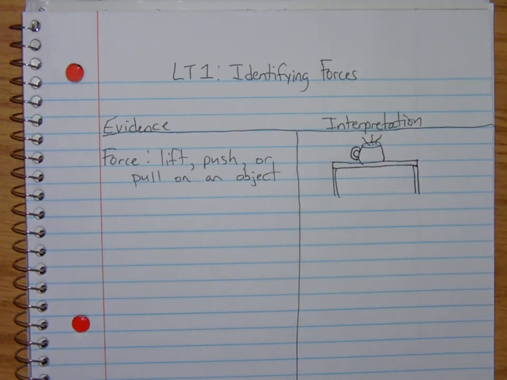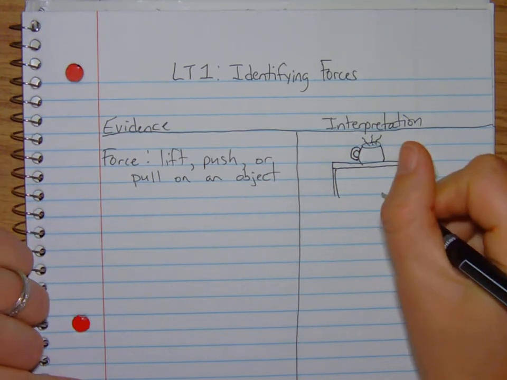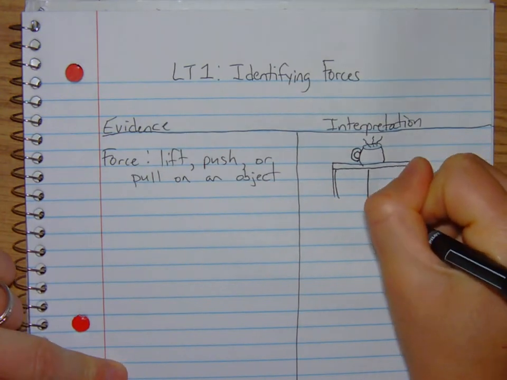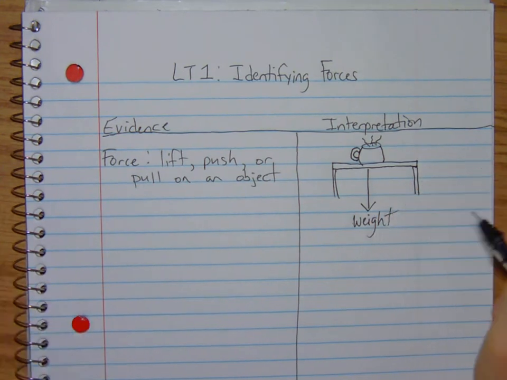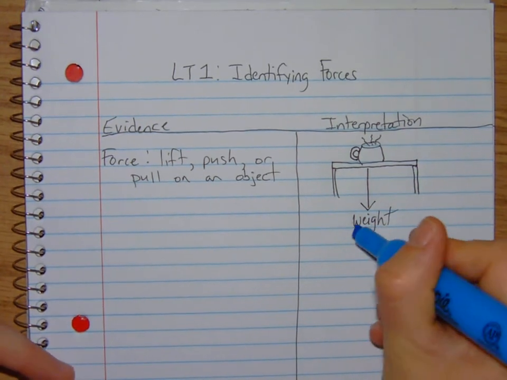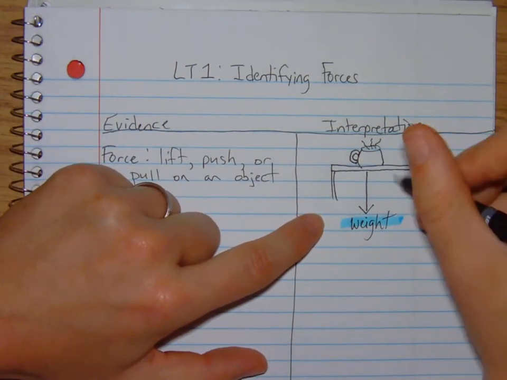So we've got this cup of hot chocolate, and it's going to stay sitting on that table for a couple of reasons. First one, gravity's doing its thing. So we know that the weight of the mug, which is a force, there's one of our forces, so I'll highlight that, is directed downwards. Weight is always straight down because gravity is originating in the core of the Earth. So the weight is straight down.